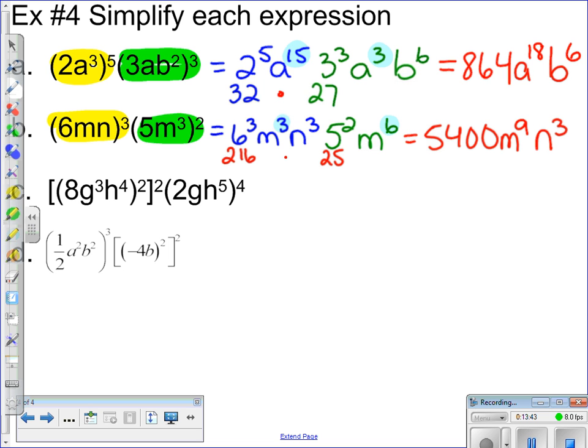All right, we're halfway done. Now, before I start the third one, I'm going to notice that I have 2 exponents out here. I'm going to go ahead and multiply them together and make that a 4.